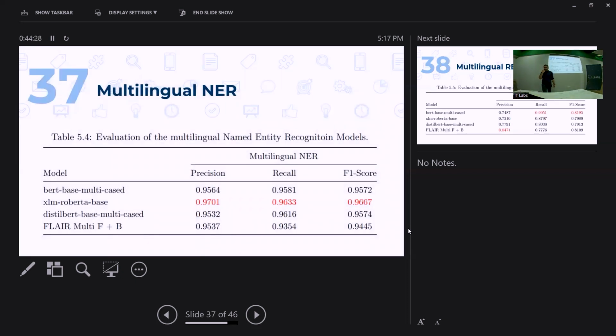I mentioned that we also use pre-trained multilingual models. We use multilingual BERT, multilingual Roberta, multilingual DistilBERT, and also the Flair multilingual forward and backward contextual embeddings. We used all of them, and again, of course, Roberta was good.